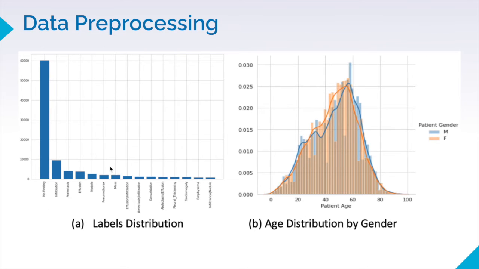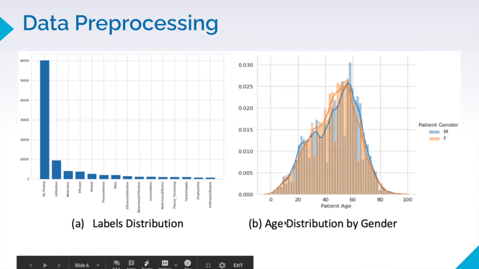You can see in the A figure, no finding takes the majority of the dataset. And this no finding does not mean that the patients are healthy. It just means that they do not have those 14 diseases in the dataset. You can see the B figure, age distribution by gender.